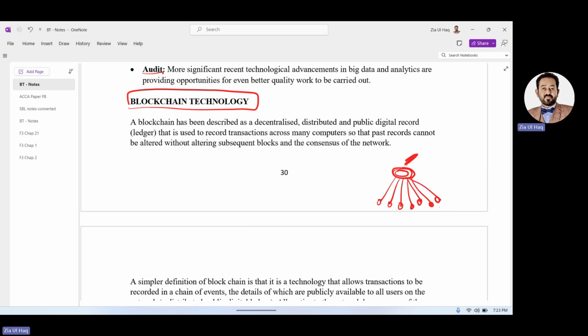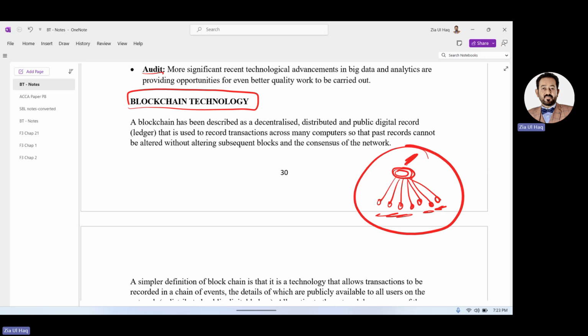Will that be altered in other users' systems as well? No. The file will be protected and will not be altered in other users' systems because it has already been processed in those systems. So this technology is called blockchain technology.